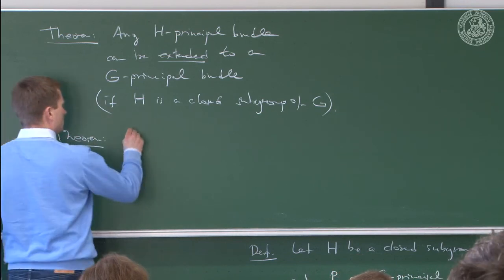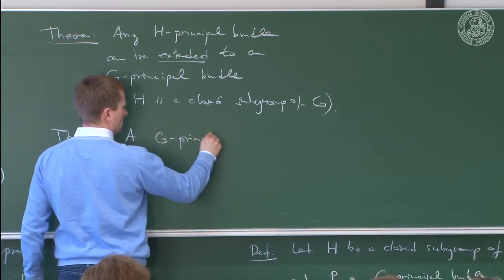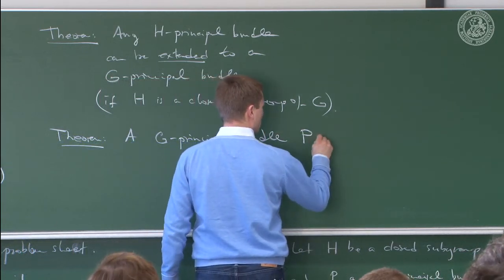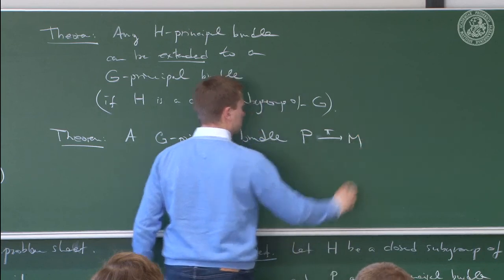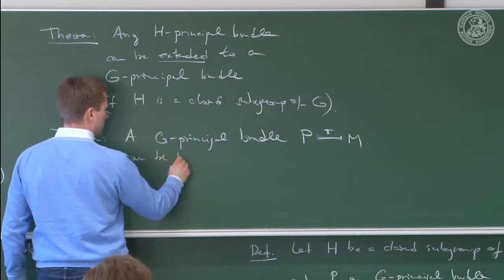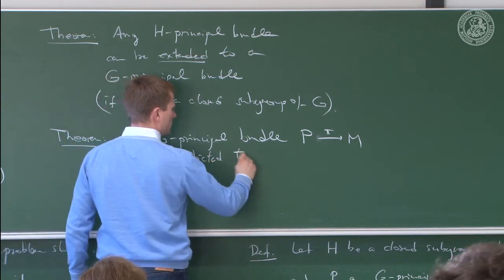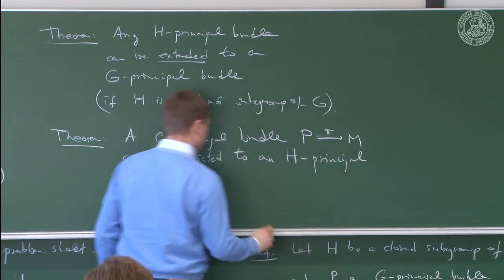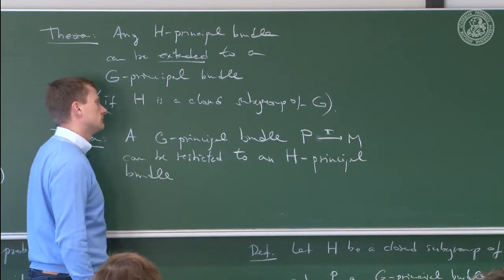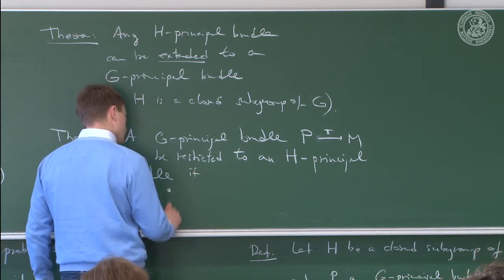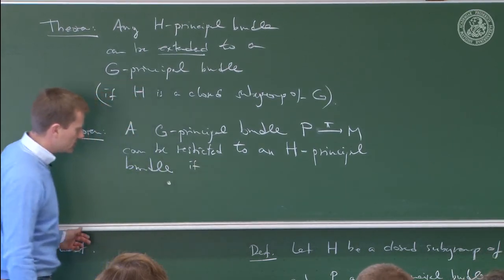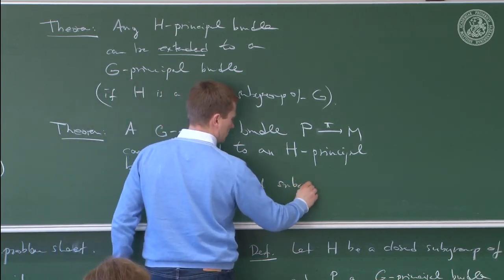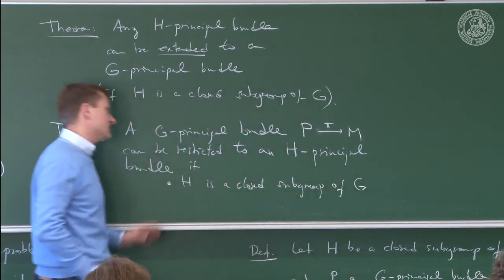A G principal bundle P, pi, M can be restricted to an H principal bundle if, well, the first condition is again obvious from the construction before, if H is a closed subgroup of G. Okay, fine, that's not the key thing.